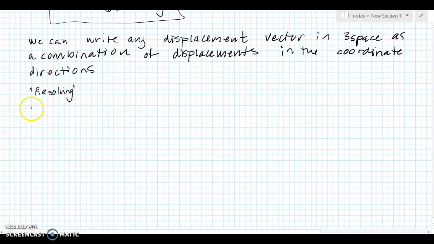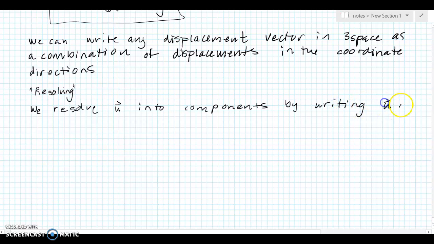So we resolve u into components by writing u in the form u equals u1 i plus u2 j plus u3 k.